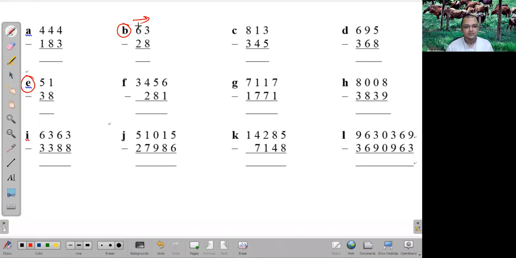So 6 minus 3 is equal to 3, and the 3 will become 13. 13 minus 8 is equal to 5. Very good, very good. Okay, done.